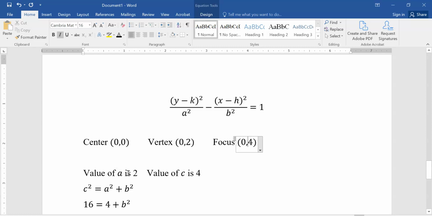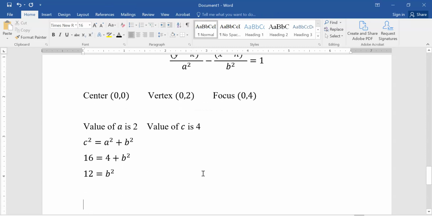So I know the value of a is 2, the value of c is 4. That allows me to find the value of b using the hyperbola equation for finding the relationship between a, b, and c. Remember, c squared equals a squared plus b squared.